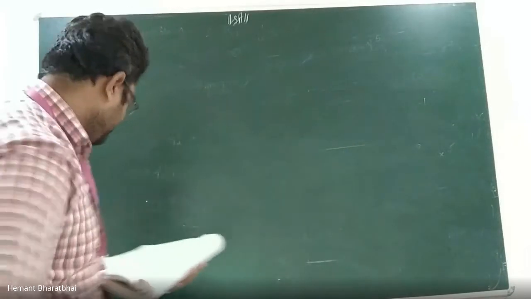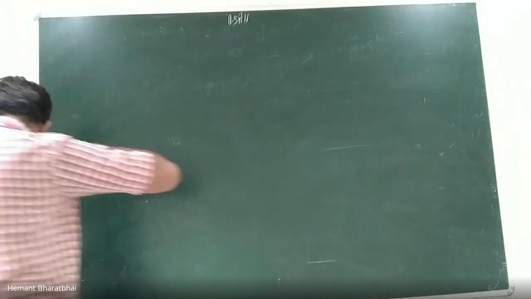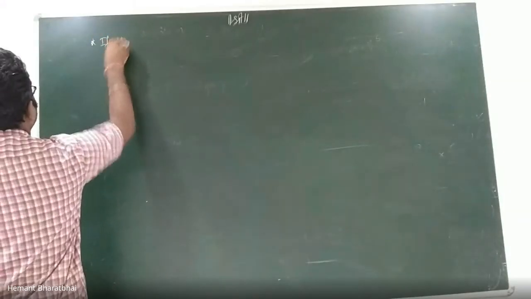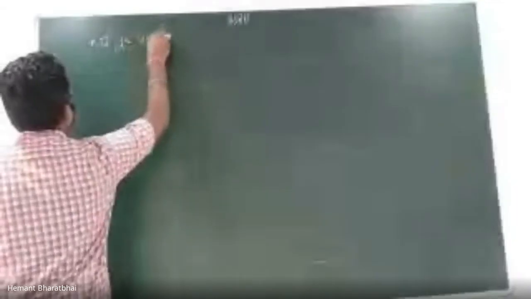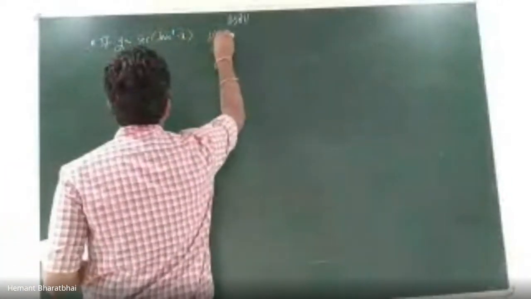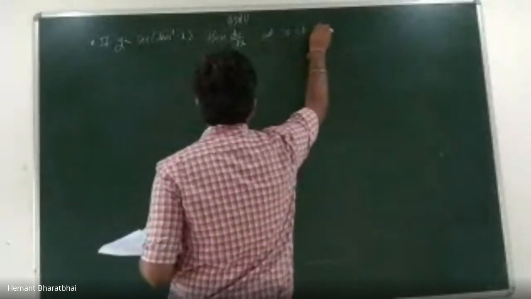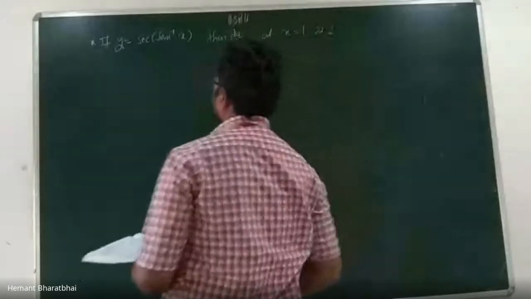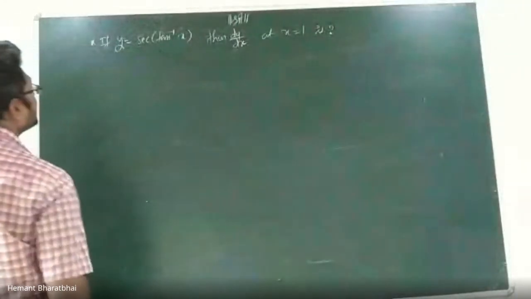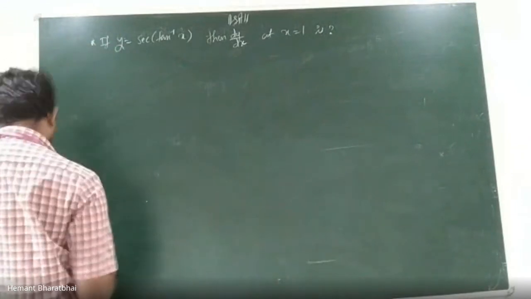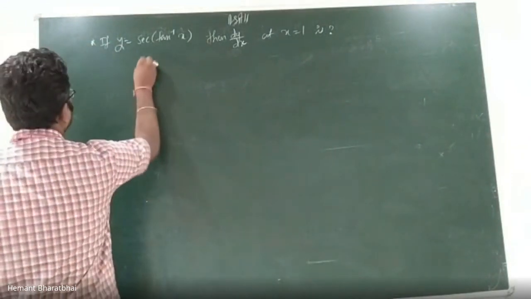Next question is: if y is equal to sec of tan inverse of x, then find dy by dx at x is equal to 1.